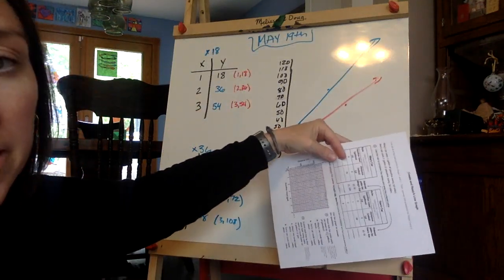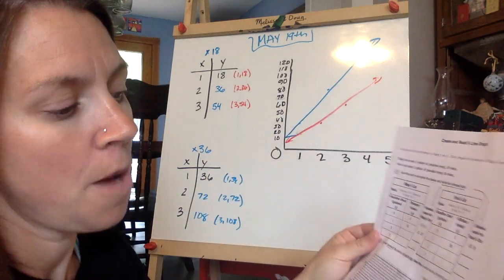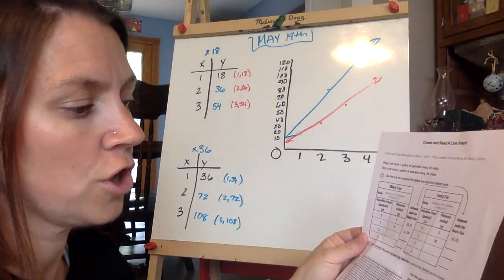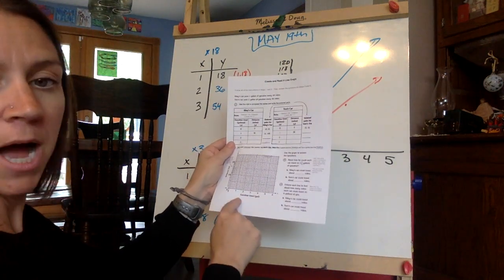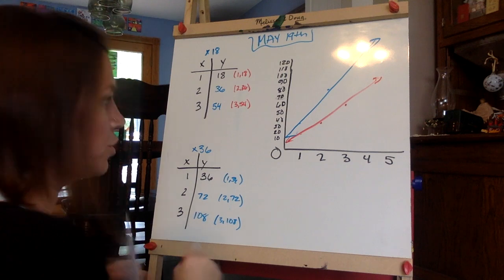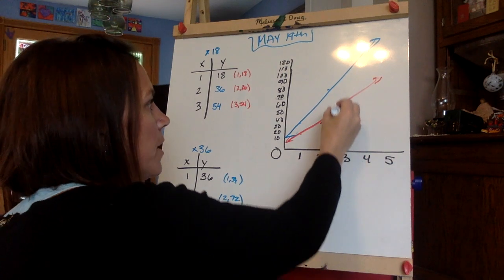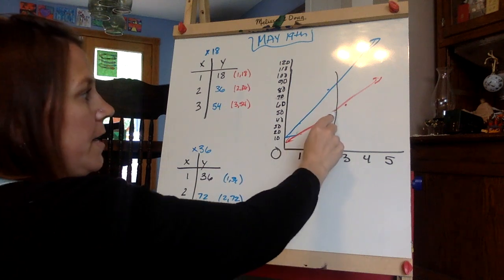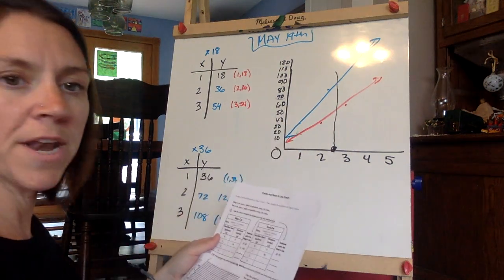You're going to have 2 lines, and then you have to answer questions. So the first question says, about how far could each car travel on 2.5 gallons of gasoline? Well, gasoline is the bottom. So I would want to go to 2.5, which is right about here, and follow it up to see where I hit. And when I hit here, I'm going to go across and figure out what number that would be.